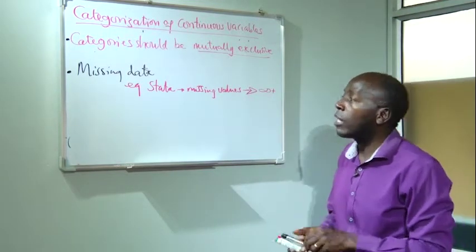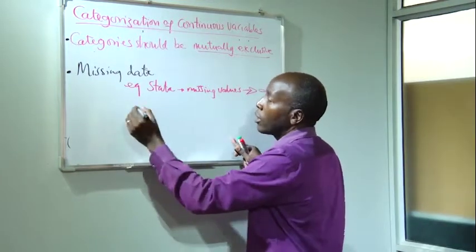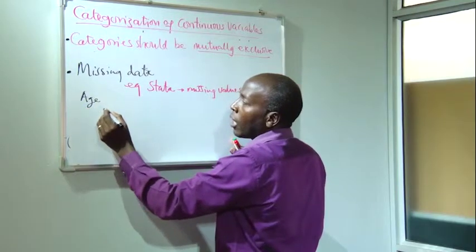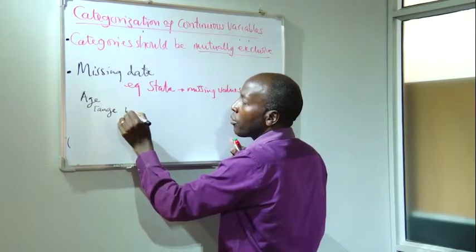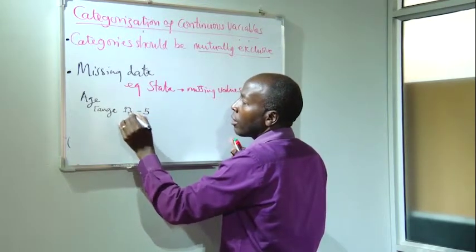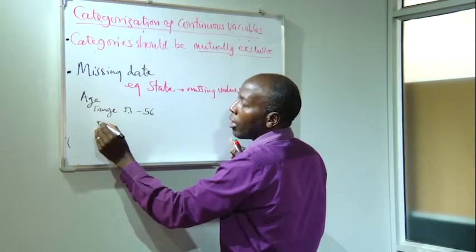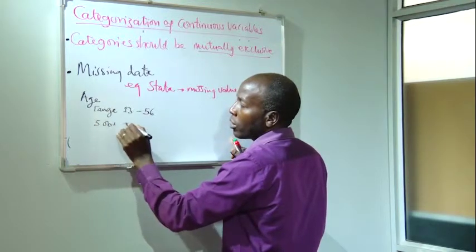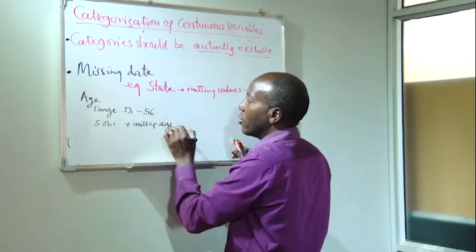Let me just demonstrate. If we have age, and the range is from 13 to 56, and then we have 5 observations that are missing age.